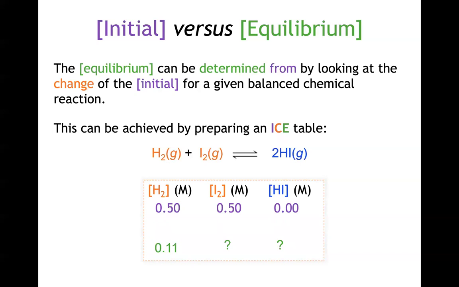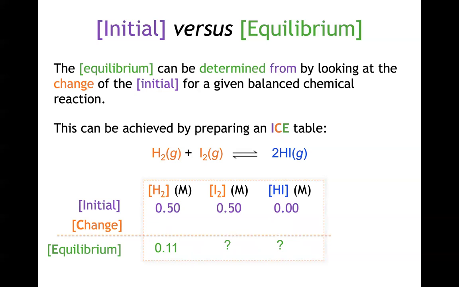So now let's go back to the one where we actually know the concentration of one of the reactants at equilibrium. So we have initial, we have equilibrium, and we look at change. We're going to just assign it X, that the initial concentration is going to decrease by X. But because we know the concentration of hydrogen gas at equilibrium, we can actually calculate X, because we'll have 0.50 minus X is equal to 0.11.